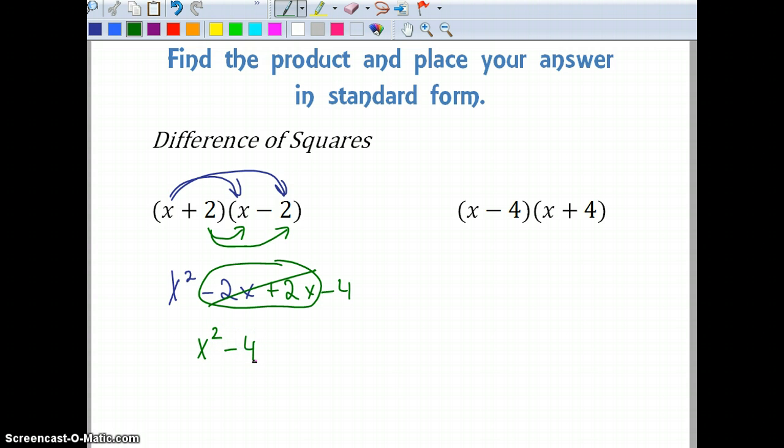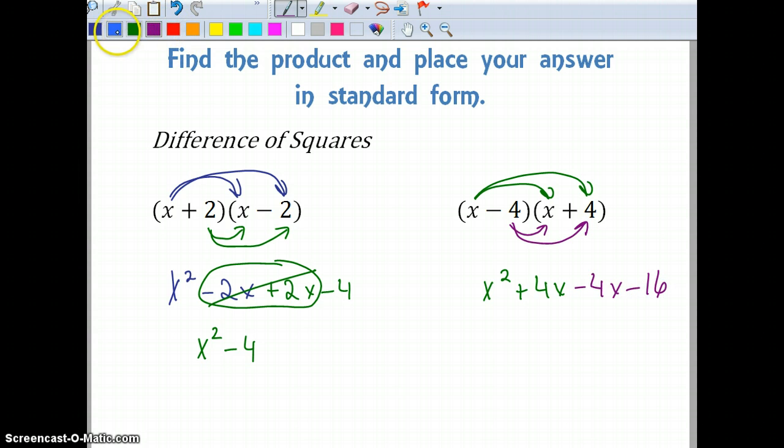Let's see what happens over here. X times x, well, that's x squared. X times 4 is plus 4x. Negative 4 times x is negative 4x. Negative 4 times 4 is negative 16.